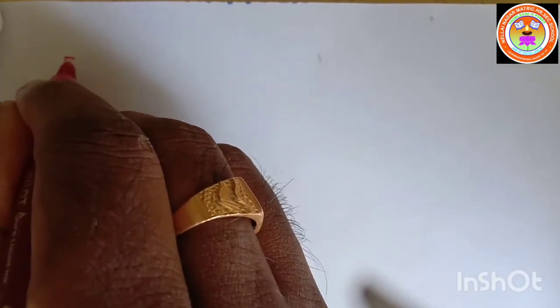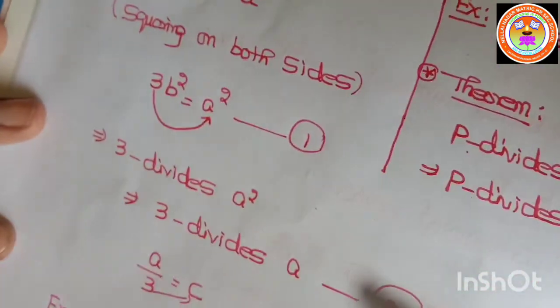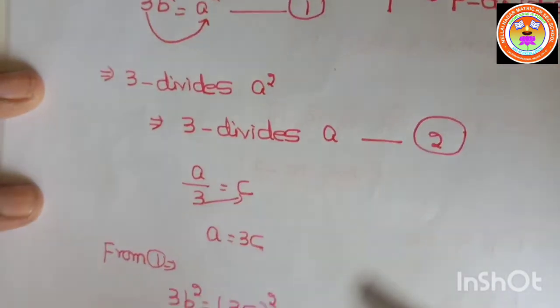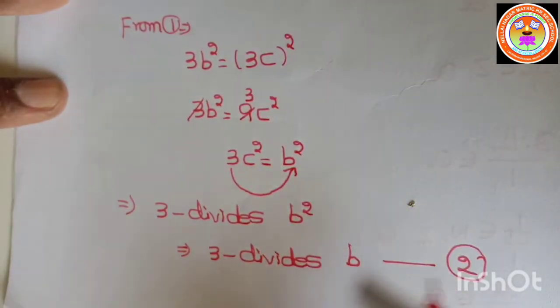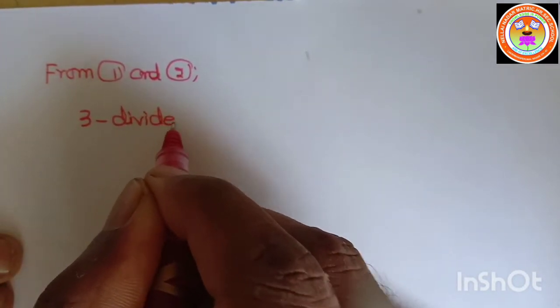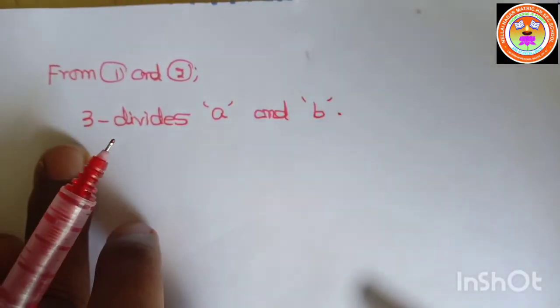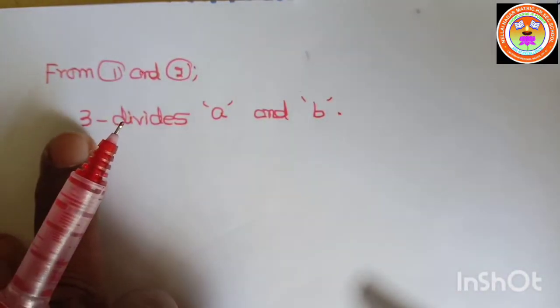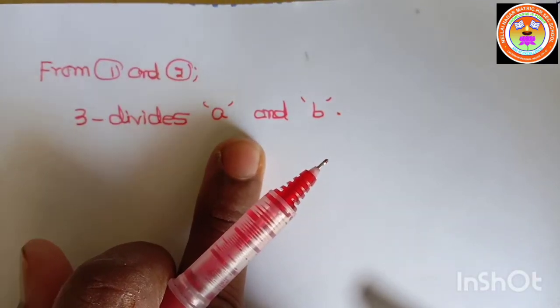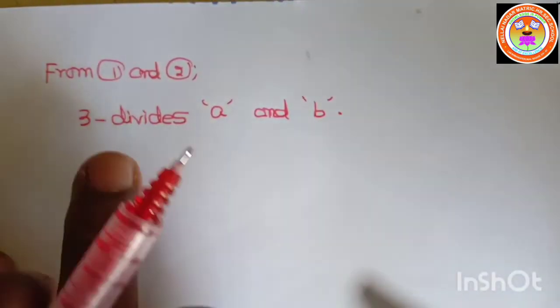From 2 and 3, from 2, 3 divides a. From 3, 3 divides b. So 3 divides a and b. 3 is a common factor, but we already said a and b are co-prime, with no common factor.